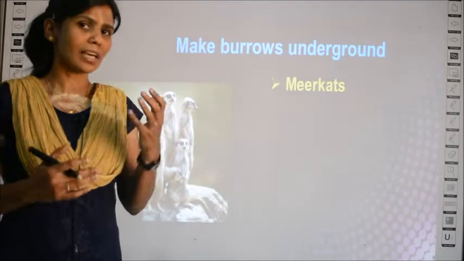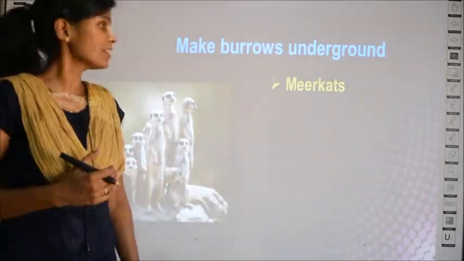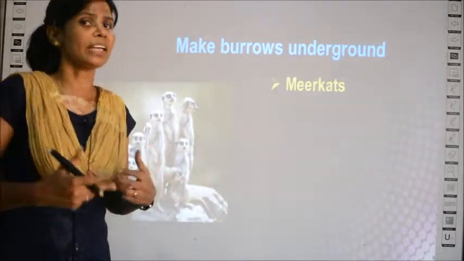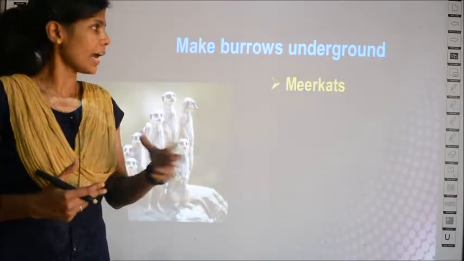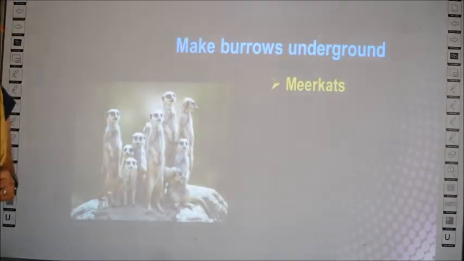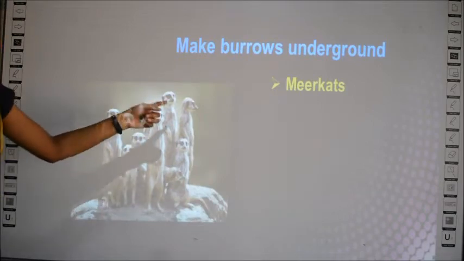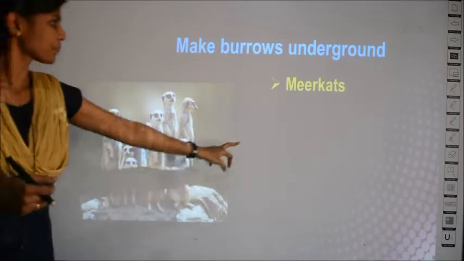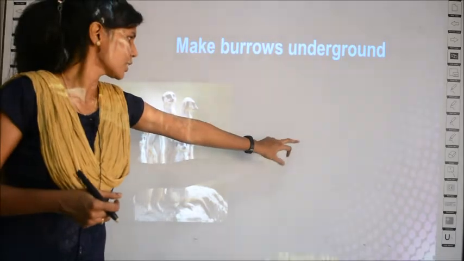Certain animals make deep underground burrows, like they dig very deep and stay underground, and an example for that is meerkats. See, these are meerkats. I don't know if you have seen this.